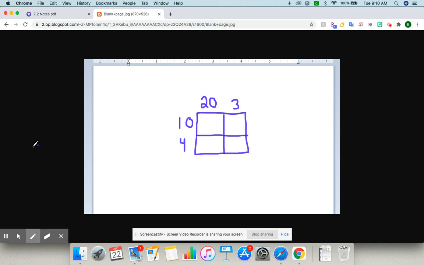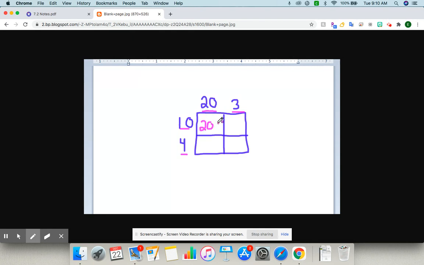For section 7.2, we can start by thinking about multiplying two-digit numbers using a generic rectangle. So the way this works, these quantities represent the side lengths of the rectangle, and then multiplying them would represent the areas.